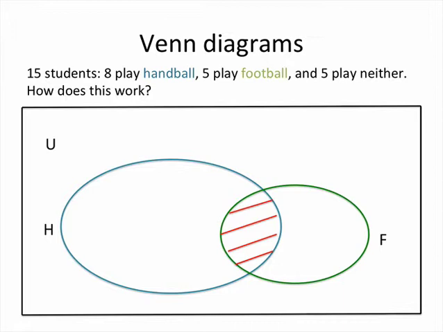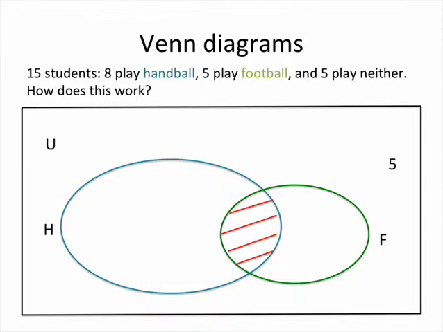Okay, now let's put the numbers in here to make it more informative. The easiest one is the one that was right outside the circles, because anywhere out here we can write the number who do not play handball or football. This was 5. 5 played neither, so we can put a 5 anywhere outside the circles. Now that means we've reduced the problem.